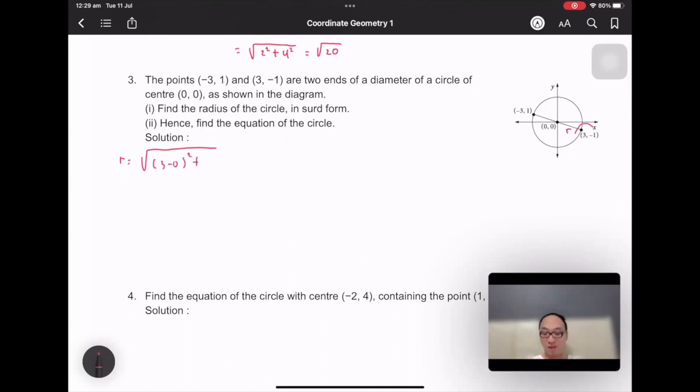I just pick this and the center here, and then -1 minus 0 squared. So equals square root of 3 squared plus 1 squared, square root of 10. Hence find the equation of the circle. The center is (0, 0), so it's x squared plus y squared equals r squared. x squared plus y squared equals 10.